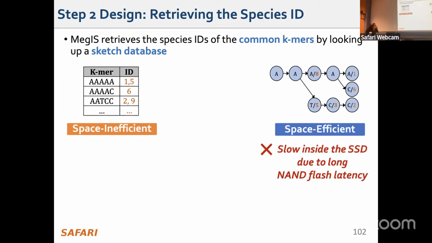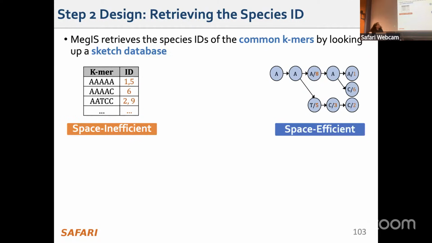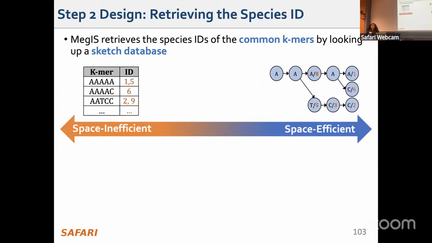But the issue is that a lot of these solutions are very slow for adoption inside the SSD due to long latency of NAND flash memory. Okay, so we have a problem here. And we again try to think of a solution that is fit to this new execution space inside the storage.